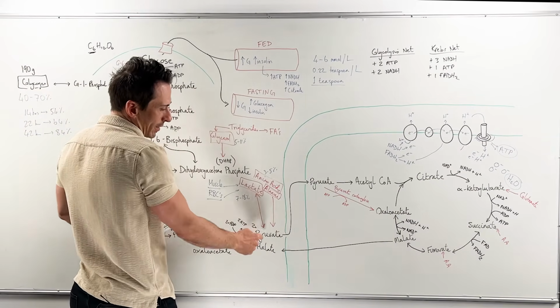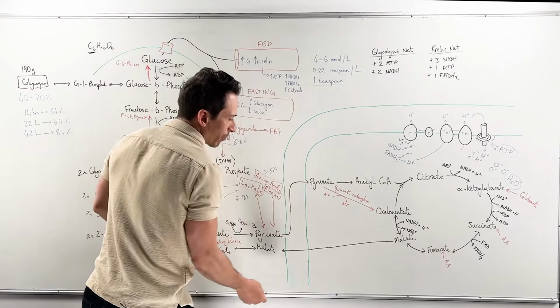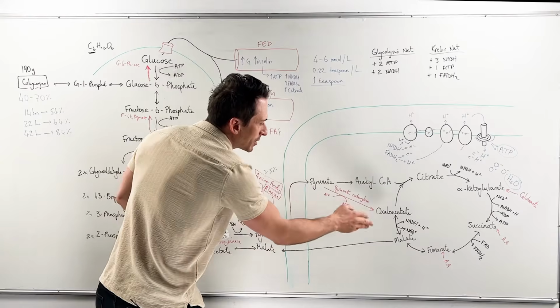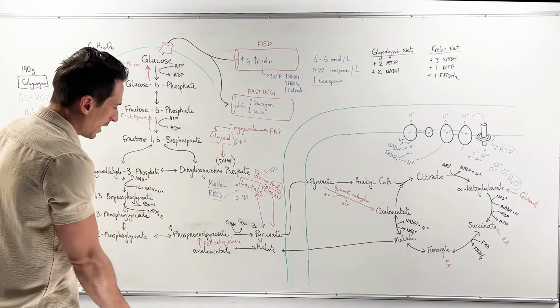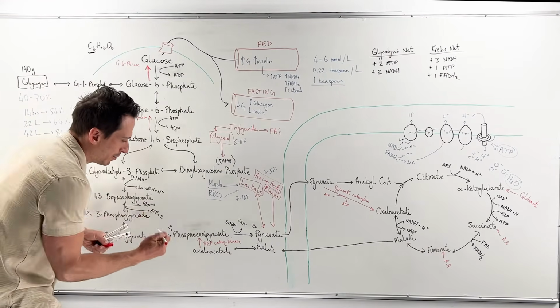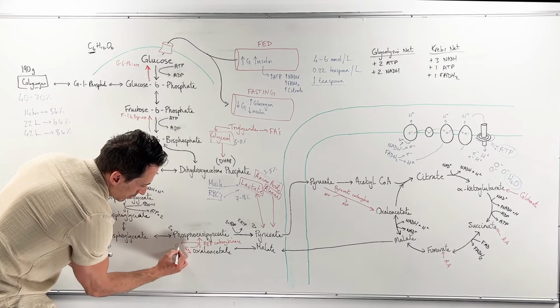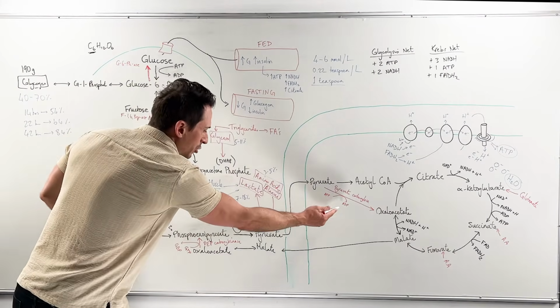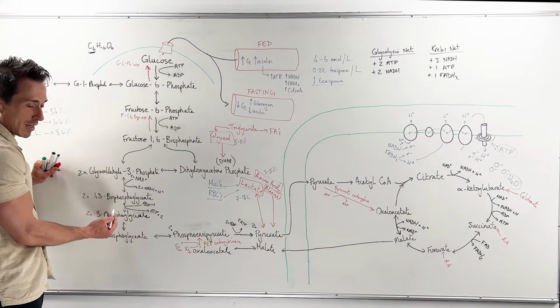taking pyruvate, right, because ultimately a lot of gluconeogenesis is going from pyruvate, this uses energy. You can see energy is used here, for example. Energy is going to be used here. We take GTP and turn it into GDP. So we use energy, we use energy. We also use energy here, right?